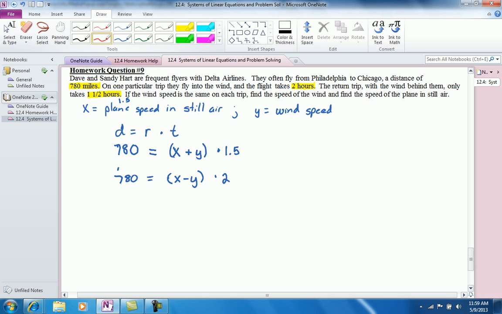Okay, so now I'm going to solve this equation. There's a couple routes I could take, but I'm going to take advantage of the fact that I can divide this side of the equation and this side of the equation by that 1.5, and divide this side of this equation and this side both by 2. Doing so, 780 divided by 1.5 is 520.